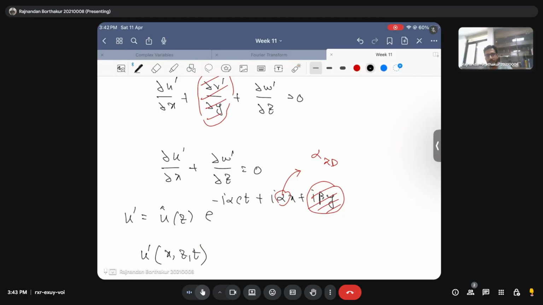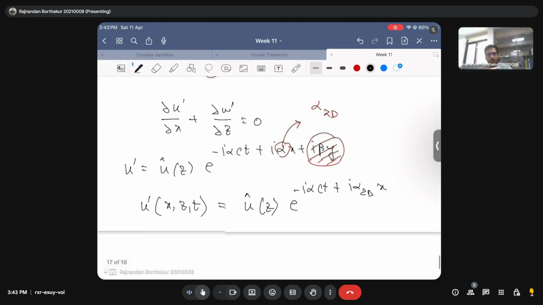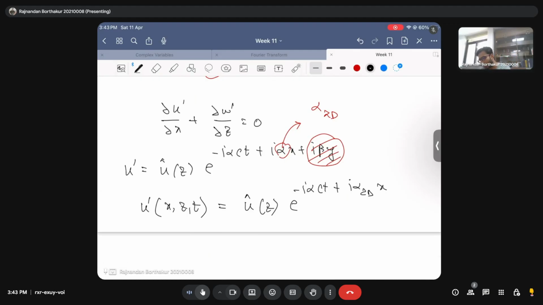Now because we are effectively solving a 2D problem using Squire's theorem, this becomes u hat of z times e power minus i alpha ct plus i alpha 2D x. It's painful to write alpha 2D everywhere, so we will just represent alpha 2D as alpha. But remember, this alpha is not the alpha that we wrote for a 3D problem.